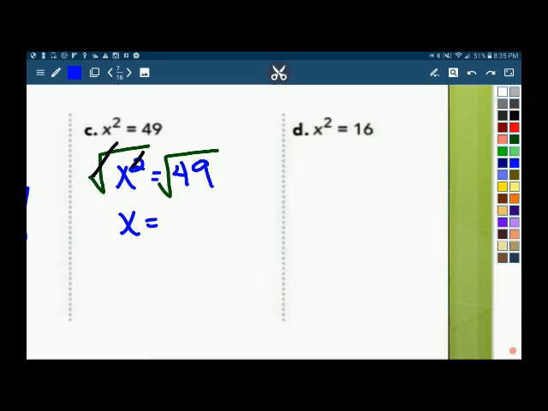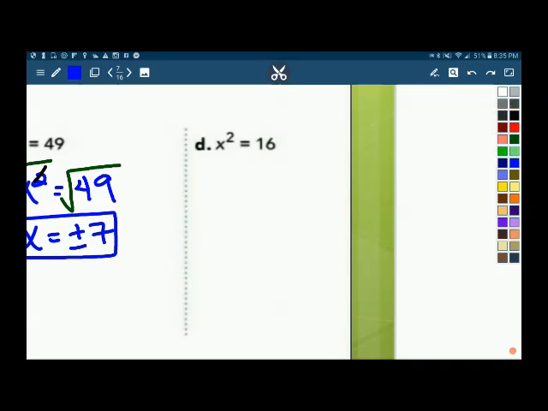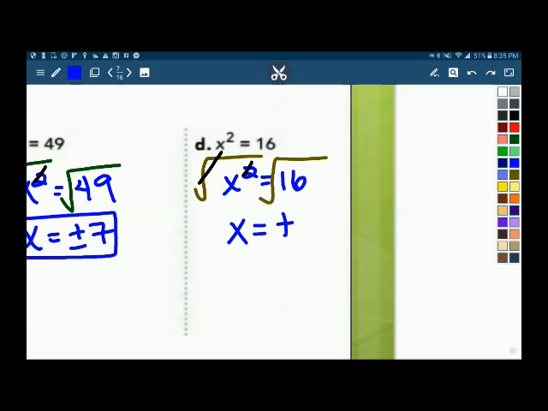That's 7 and negative 7, so plus and minus 7. Last one, these actually start going really fast because there's only one step. x squared is equal to 16. Show me square rooting of both sides. Cancel out that square and the root symbol, and we get x is equal to plus and minus 4.